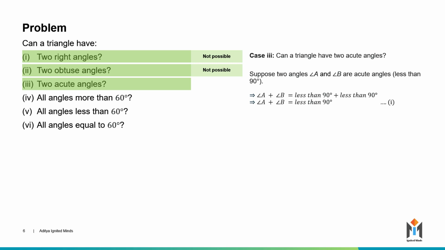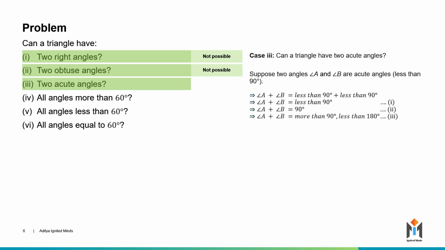The sum could be less than 90 degrees. For example, if angle A is 30 degrees and angle B is 45 degrees, the sum, 30 plus 45, would be 75 degrees, which is less than 90 degrees. But at the same time, if angle A is say 45 degrees and angle B is 45 degrees, both are acute angles here, but when you sum up 45 plus 45, it will be 90 degrees.